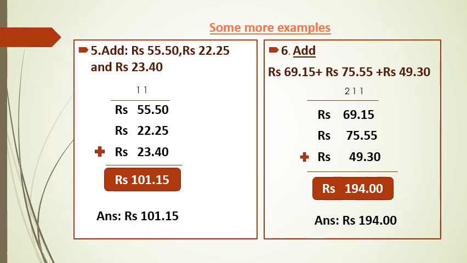If you add these amounts, we are going to get rupees 194. And girls, one thing please remember, as we know that 0 means nothing, you can keep writing these 2 zeros after point. Alright? Okay.